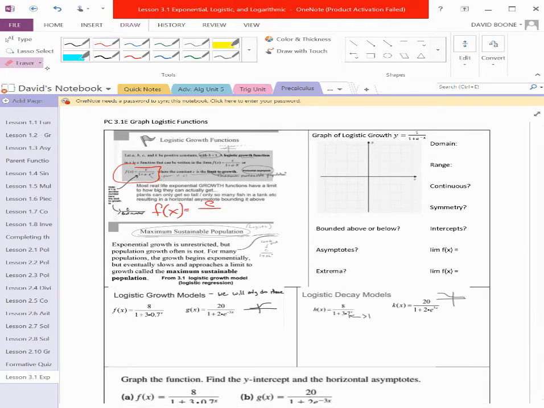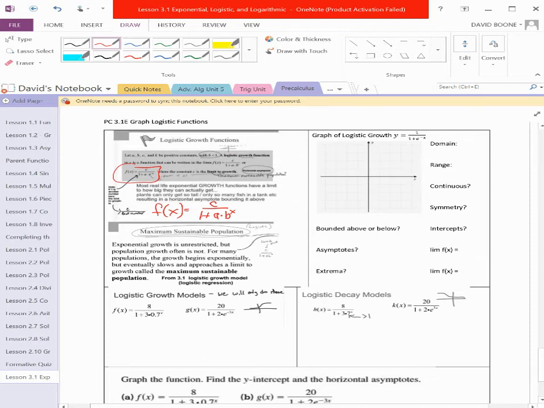Oops, maybe I should draw that a little better. It looks kind of a funky little letter. It is c over 1 plus a times b to the x. That's probably the more common form here.